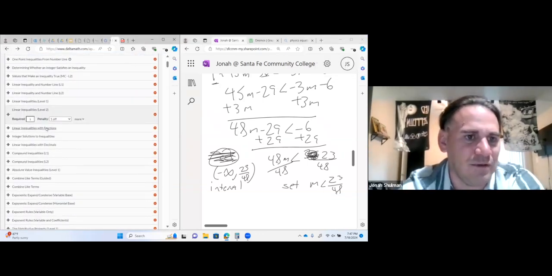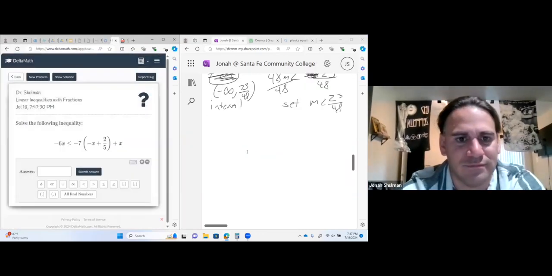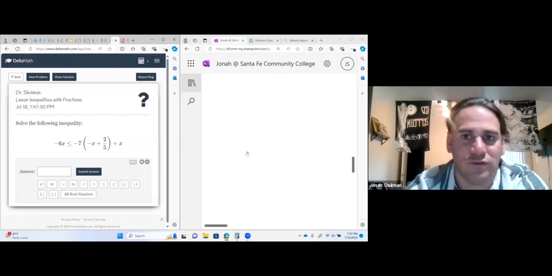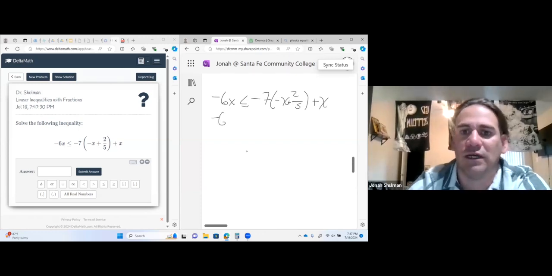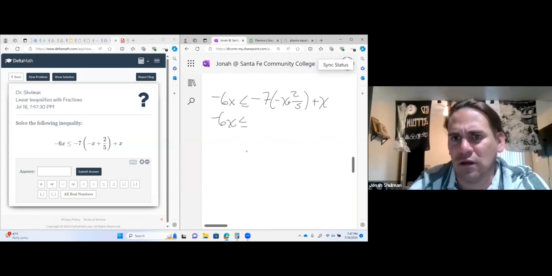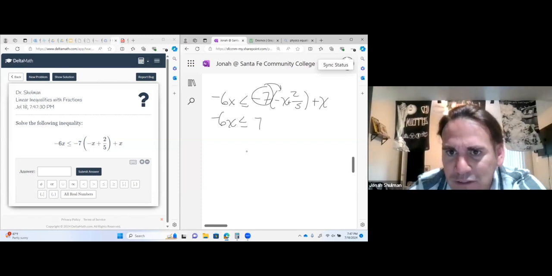All right. Now we got one with a fraction. Cool. It looks tough, so let's do it. So negative 6x is less than or equal to negative 7, negative x over plus 2/5 plus x. So let's see if we can solve this guy. We got a negative 6x. We got to bring the minus to both. So that's going to be a positive 7x.